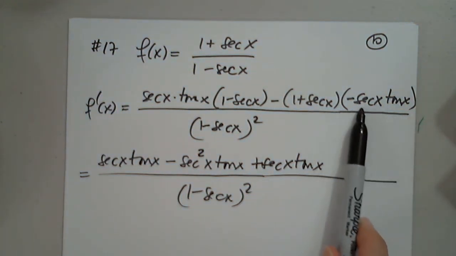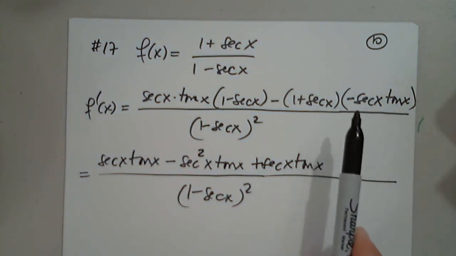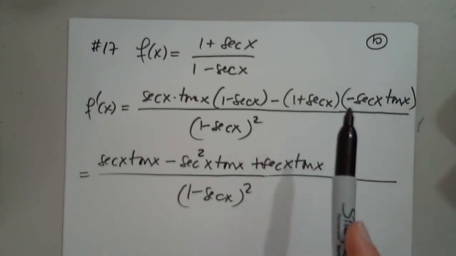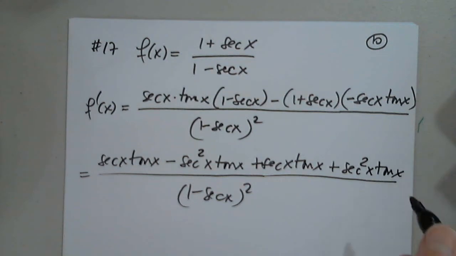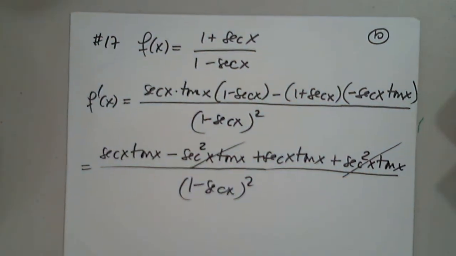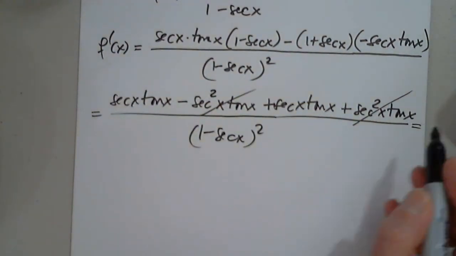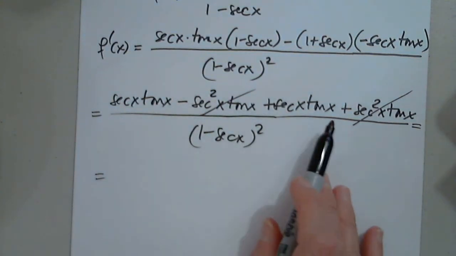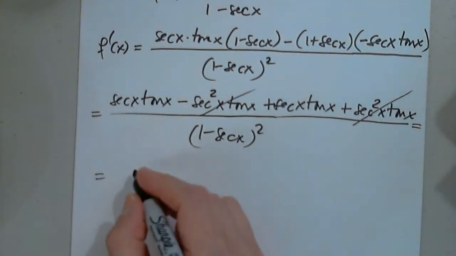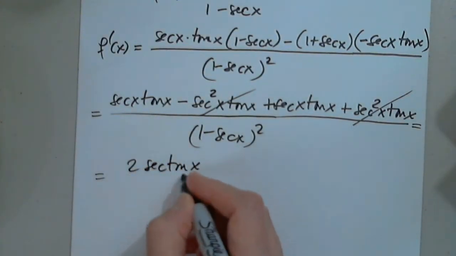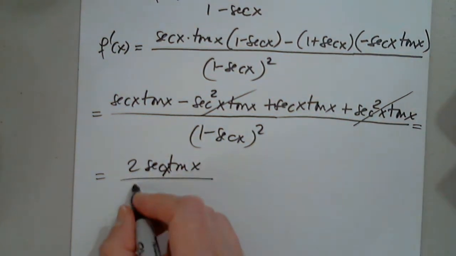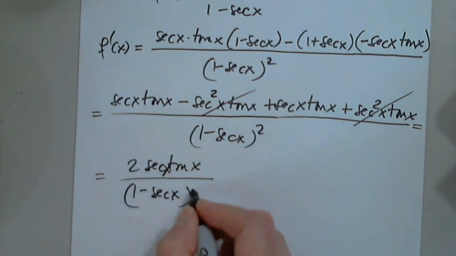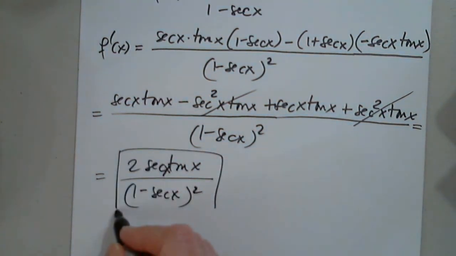Now, negative secant tangent times secant will be negative secant squared tangent with minus in front, plus secant squared tangent x. So something is going away. And now secant tangent plus secant tangent, 1 apple plus 1 apple, 2 apples. Secant x tangent x over 1 minus secant x squared. And this is it.